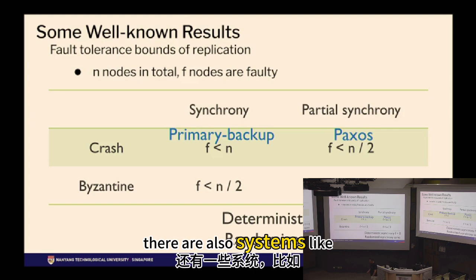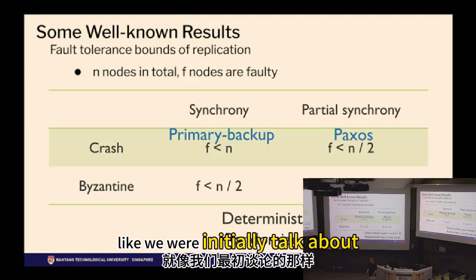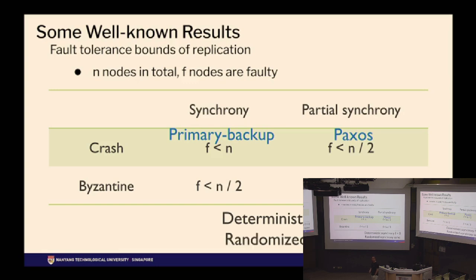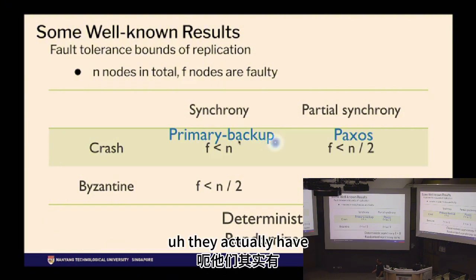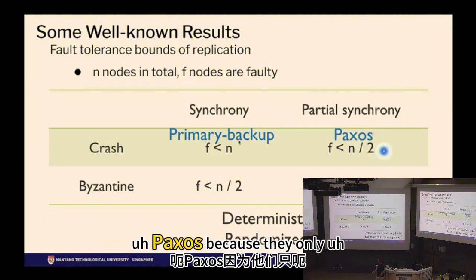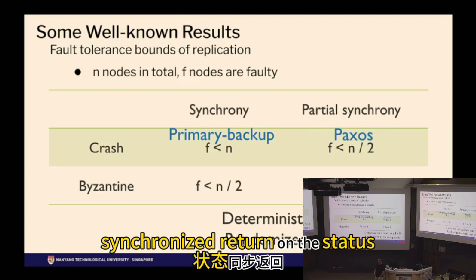There are also systems like fully distributed databases, like we initially talked about, such as Google's cloud database and MongoDB. They actually use Paxos because they don't need a fully synchronized return on the status.